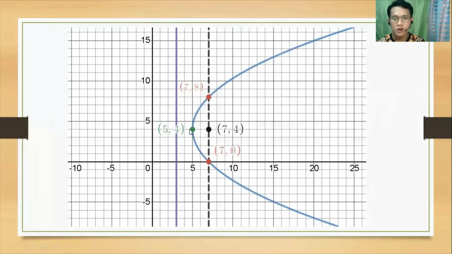Let's count: 1, 2, 1, 2. Yeah, because the focal length is 2. From your vertex, 1, 2. That's 2 units from the vertex. And that's how we solve a horizontal parabola, or a horizontal type of equation.